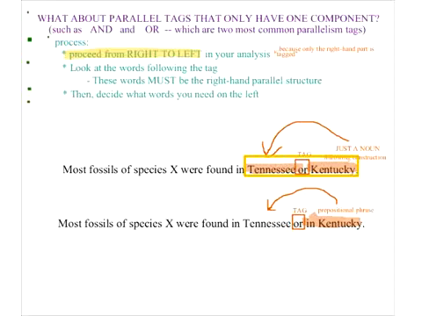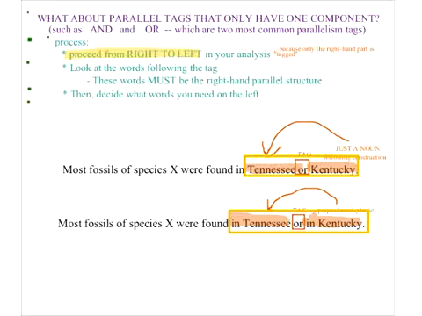Yeah, so the words that we need over here are in Tennessee. So then we have in Kentucky, in Tennessee. So again, we can just arbitrarily say that this much now is our parallel structure.